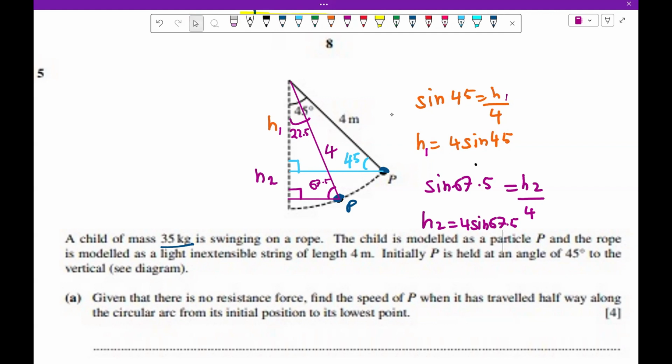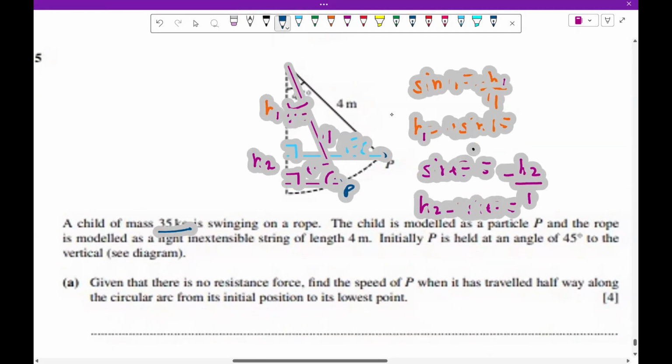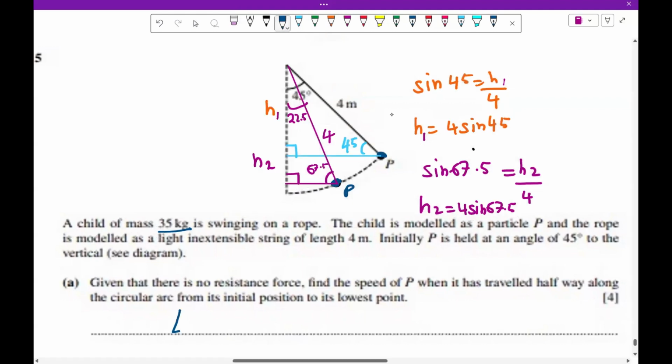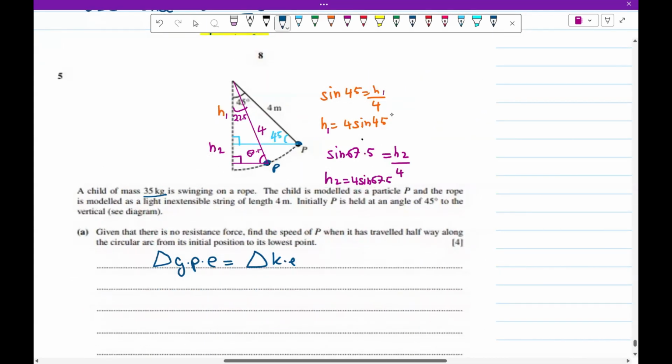We know that the change in GPE is basically the change in kinetic energy since there are no resistive forces involved. So the change in GPE is, let's say, the initial mgh. We'll take the mass and gravity common into the change, which initially the height was 4 sin 45.